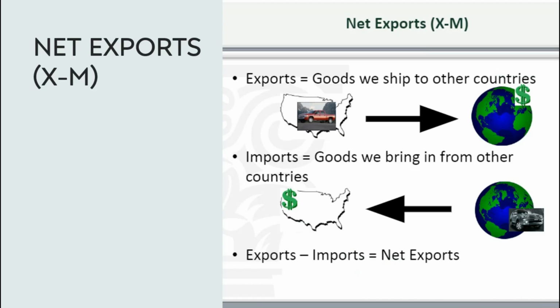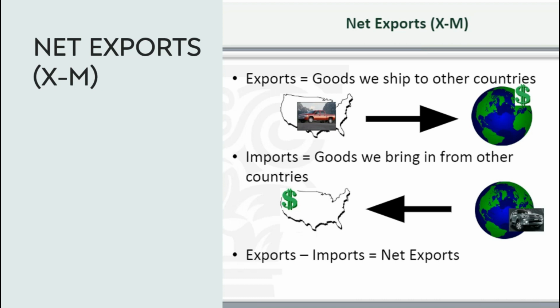Then we have the net export. So on our module, what we use for net export is the NX. The X here is the export, and we have to subtract the imports, or the M. If we say exports, these are goods that we ship to other countries, from the Philippines to other countries.